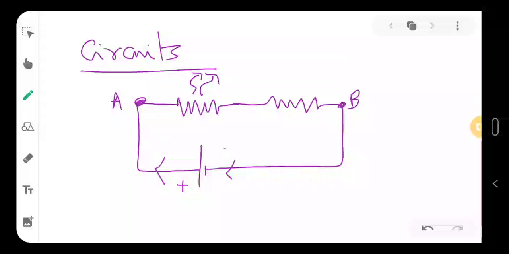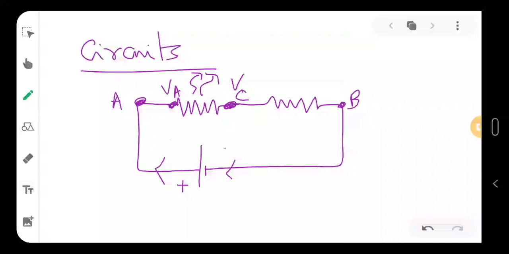Whatever the energy is at this point, this point and this point are the same point, because between them no other components are there. Let's say this is our C point. In these 2 points, the energies will be different, because VA will be higher than VC.